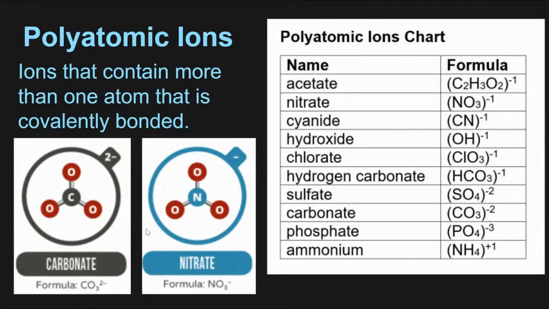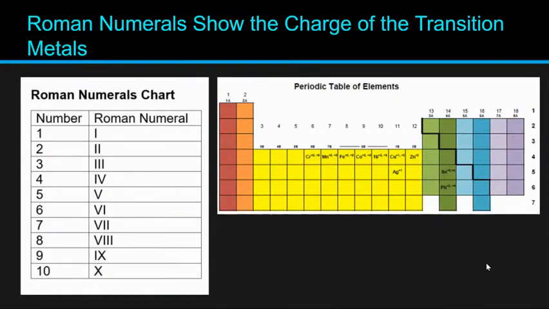And just a reminder, on the back of your periodic table, there's a chart with polyatomic ions. Poly means many. These are ions that contain one or more atoms that are covalently bonded together. So we can see the chart that's on the very back side of your blue periodic table. We'll be referring to that a lot as we write formulas. We'll also be referring to the Roman numeral chart because Roman numerals are used to show the charge of transition metals.